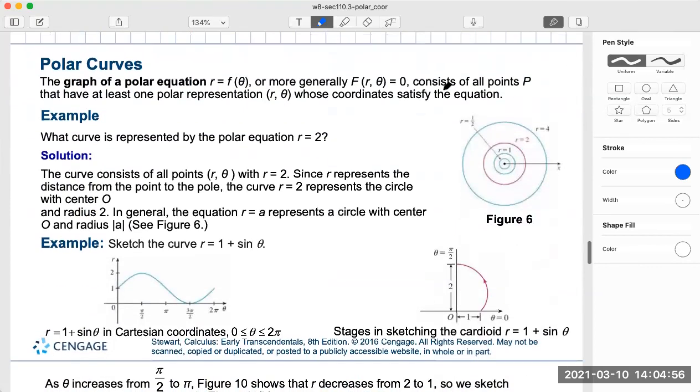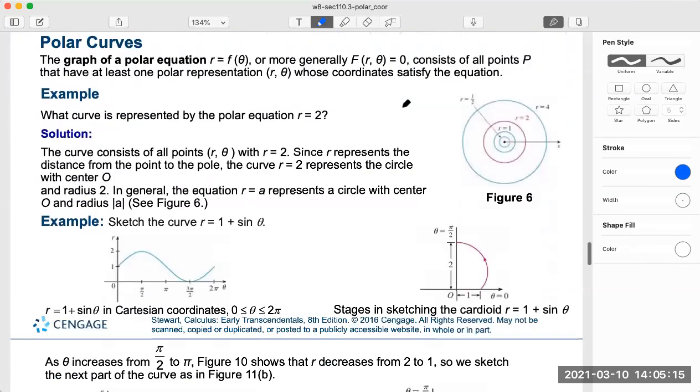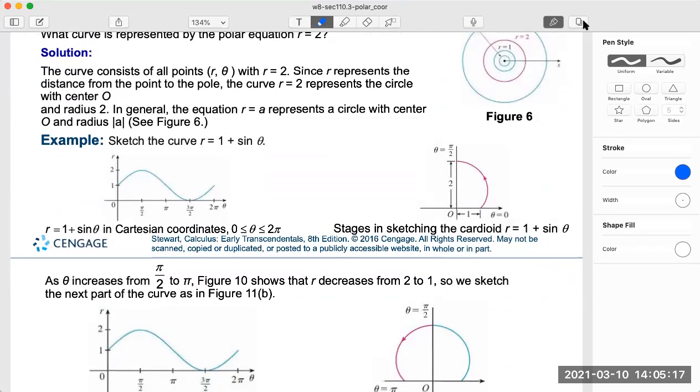Okay, and now let us move on to another concept, polar curves. So functions in Cartesian coordinates, we studied a lot in part 1. So we can do it this way. For example, we pick some values.